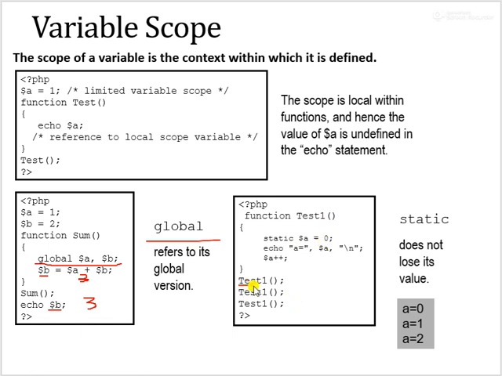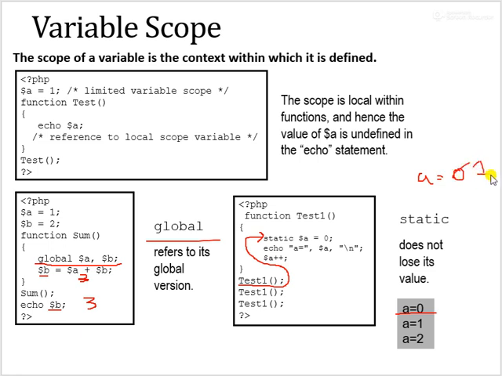Like here, when we call the test1 function the first time, a will be initialized to 0 during the first call of test1, and then echo a, and the value of a is displayed on screen. So a is equal to 0 will display on screen. Then we make a plus plus, a will change to 1.